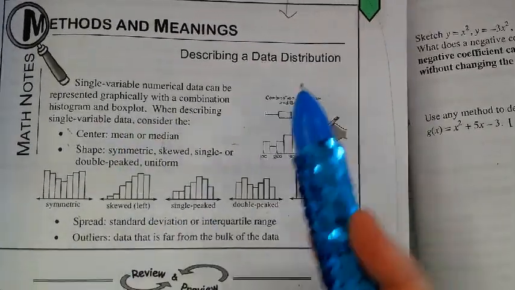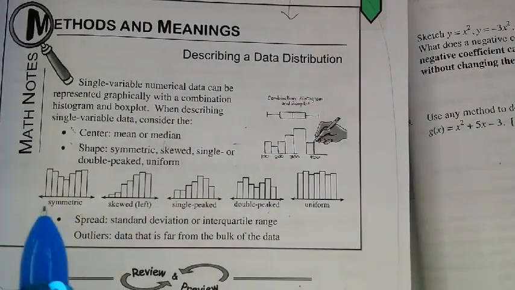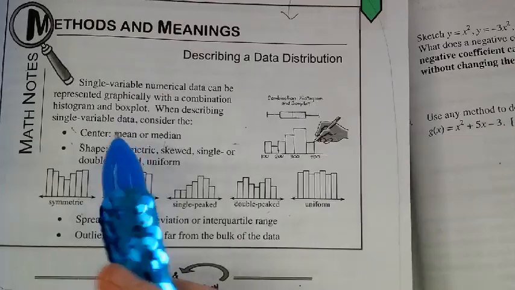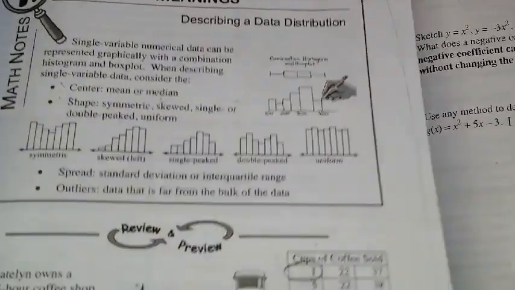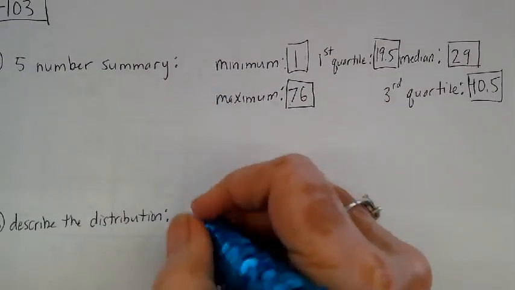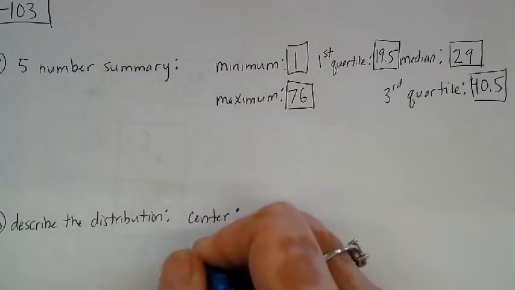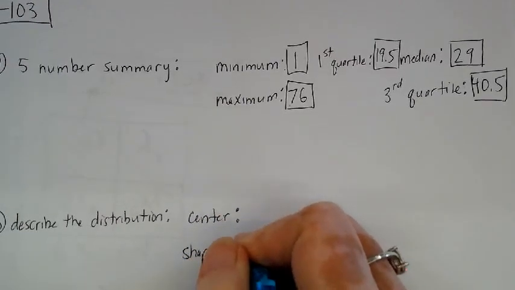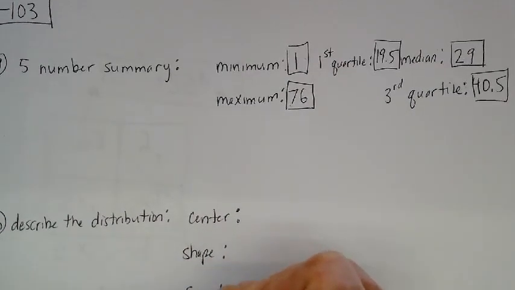If I describe a data distribution, all I have to do is say something about the center, the shape, the spread, and the outliers. So that should be pretty straightforward. Let's write that down. Center, shape, spread, outliers.